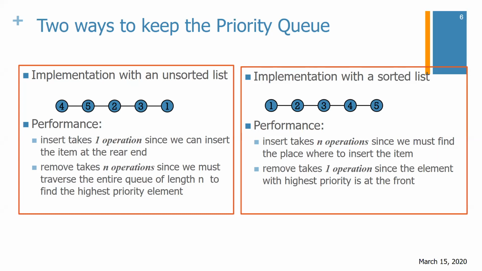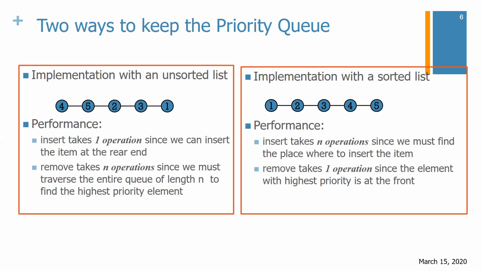Second, the implementation with a sorted list. In a sorted list, insert takes n operations, the opposite of the first one. We need to find the place where to insert the item, so we need to traverse all elements in the queue before adding the element, because all elements should be sorted from low to high.